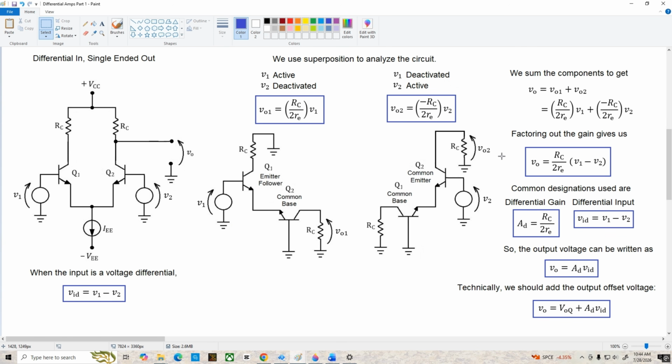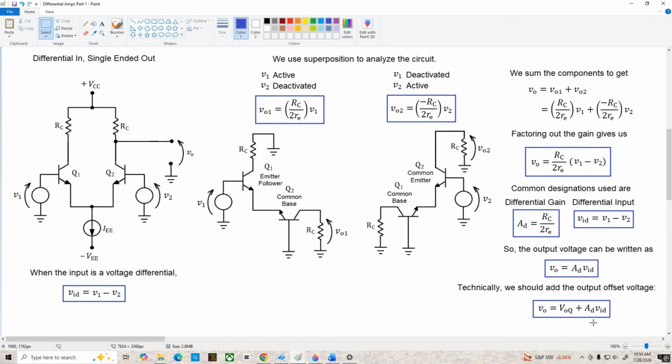If you want to, you can account for the DC offset on the output. Here I'm calling it VOQ, a quiescent output voltage. We just add it on to the response to our normal inputs. So we would consider this VOQ to be an error term, and AD times VID is the actual desired response.